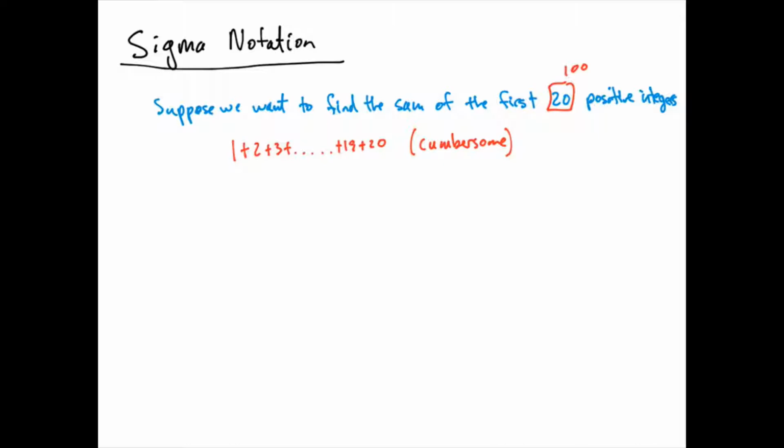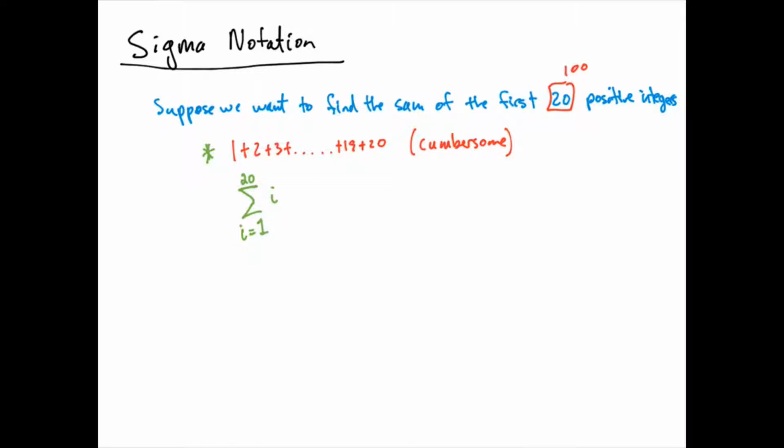So if we wanted to rewrite this using sigma notation, we write this Greek letter, which is capital sigma, and we're going to say i is equal to 1, and we're going up to 20 of i, like this. So let's talk about what this means.